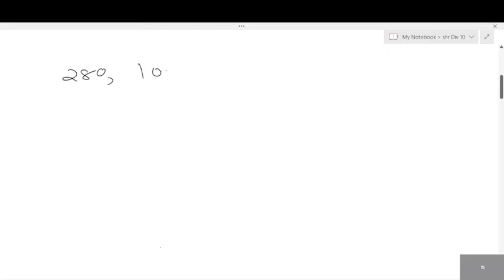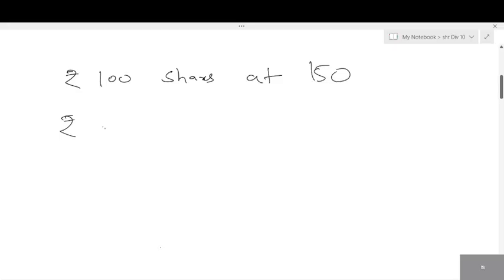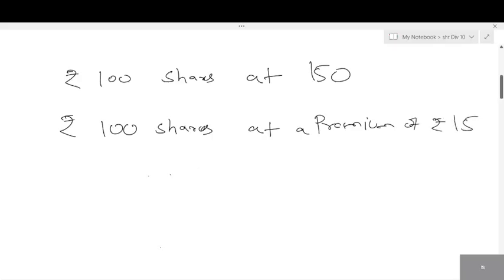Rupees 100 shares at 150. Rupees 100 shares at a premium of rupees 15.